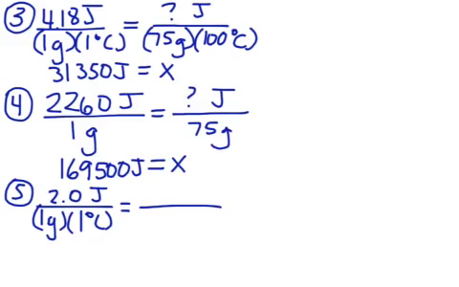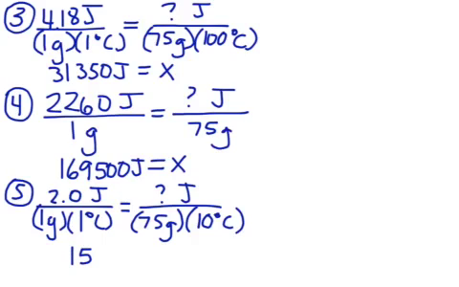But as is the custom, we didn't have 1 gram, we had 75 grams. The temperature did not just increase 1 degree Celsius, it went up 10 degrees Celsius. And we want to know how much energy that takes. So cross multiply 2 times 75 times 10. And I got 1,500 joules for that last step.